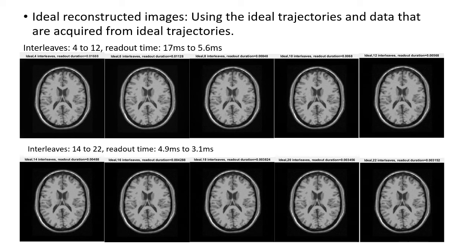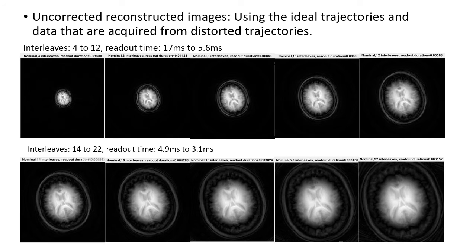Readout times are from 4.9 milliseconds to 3.1 milliseconds. Here are the uncorrected reconstructed images, which use the ideal trajectories and data that are acquired from distorted trajectories, and I used the same interleaves and readout times as the last page.